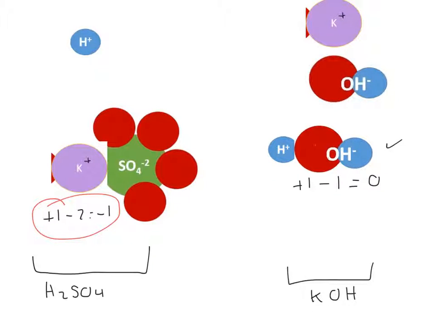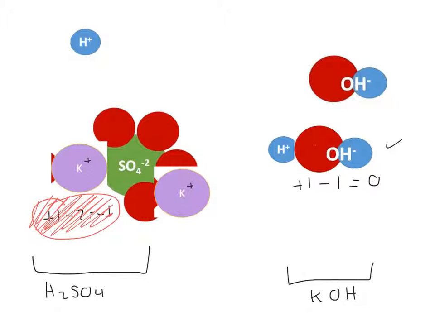Okay, so we have another potassium hydroxide, so now we can just finish our problem. We have our potassium, come on in. So now let's redo our math here. Let's scratch this out. So we have +1, +1, -2, which gives us 0.